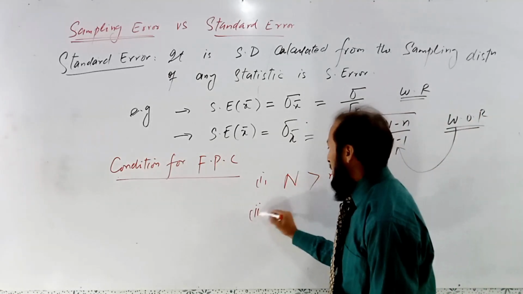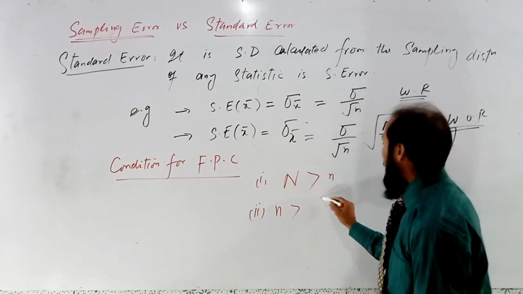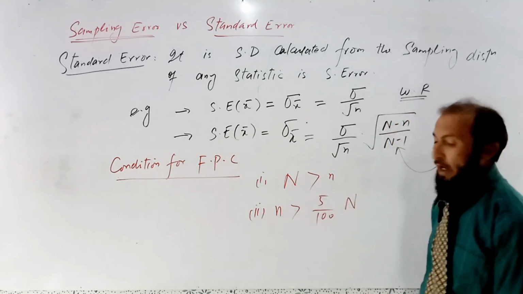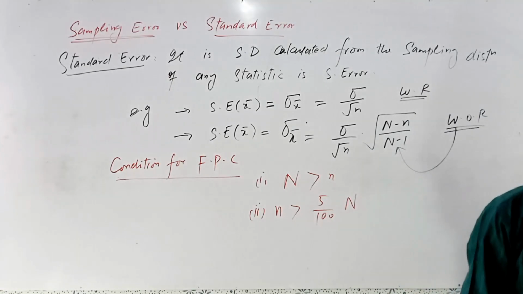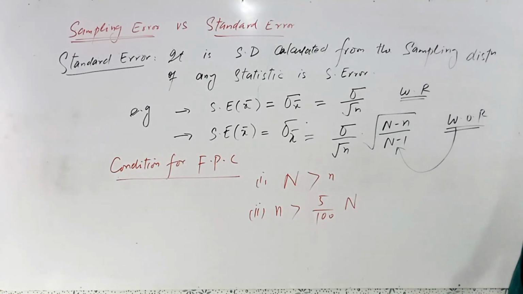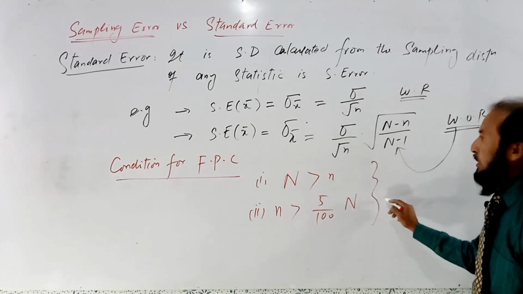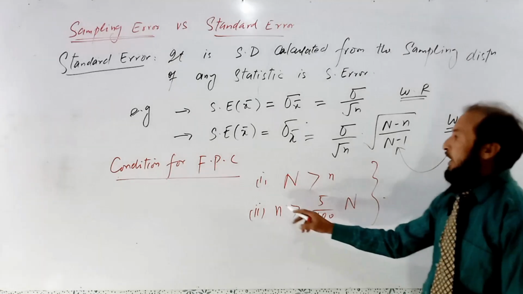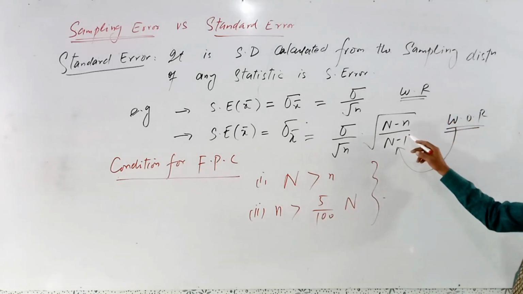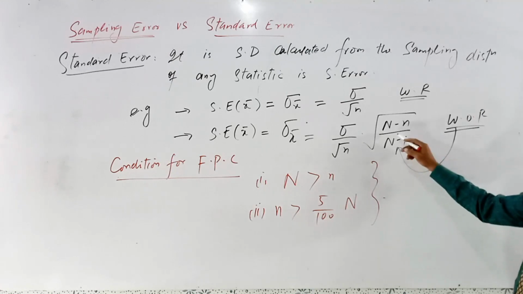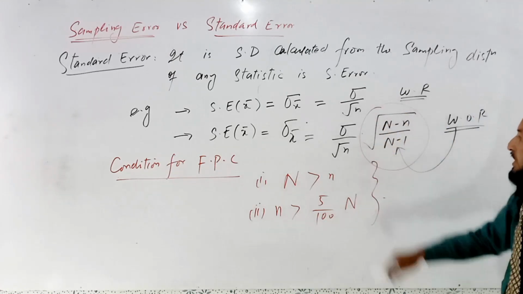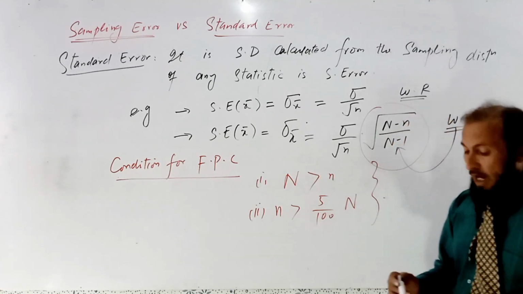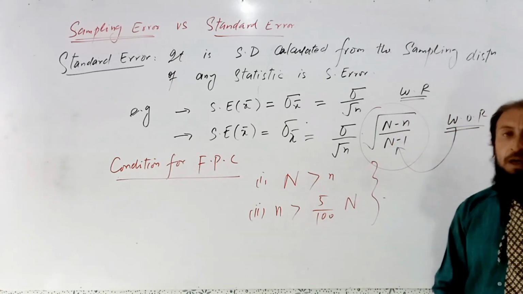And the second condition is that n is greater than 5% of N. These two conditions must be satisfied for the finite population correction. These two conditions are used for the without replacement case. We check whether they apply or not, and these conditions must be applied for the without replacement case.